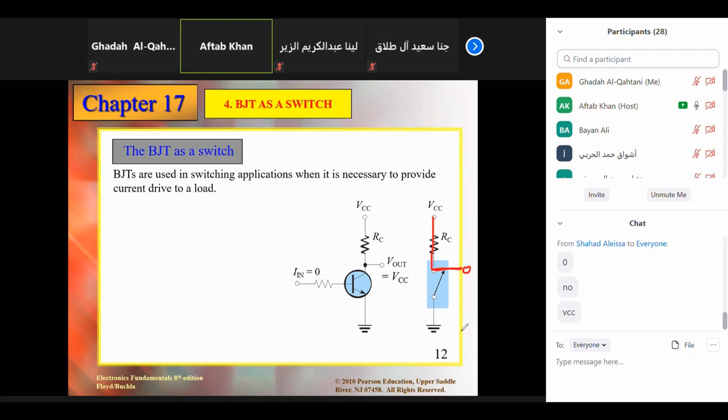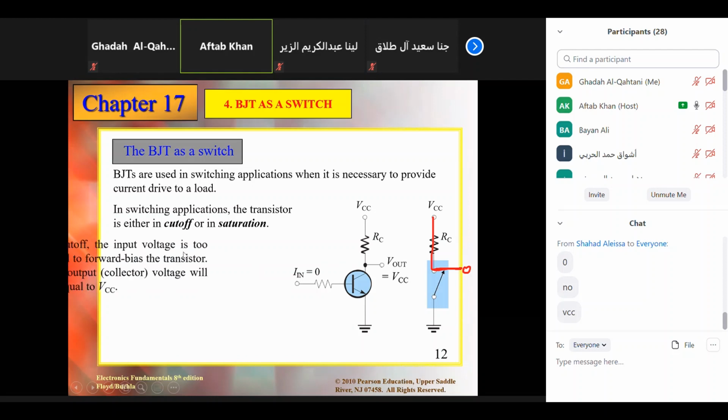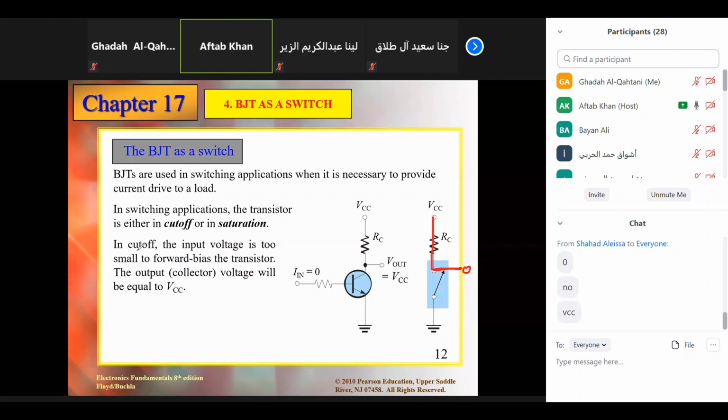So in switching applications, the transistor is either in cutoff or in saturation. We know that: either it will be in cutoff or in saturation. In cutoff, the input voltage is too small to forward bias the transistor. Do you remember the cutoff situation?